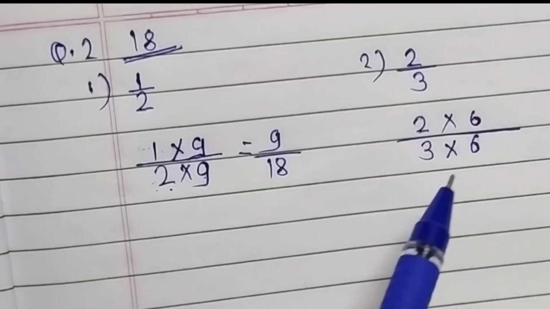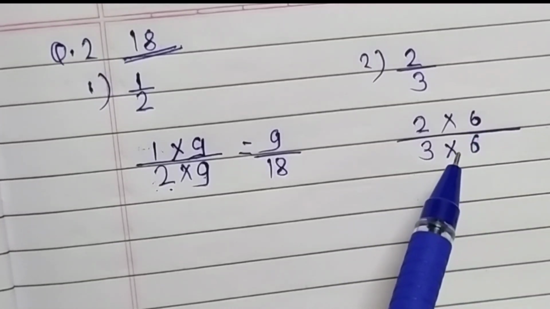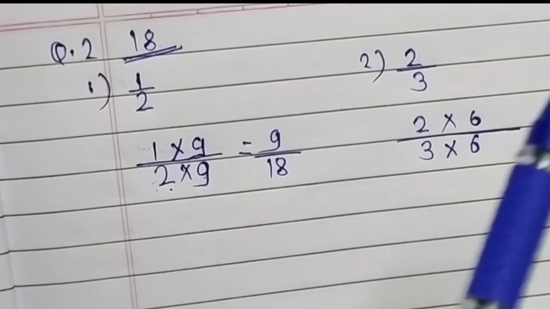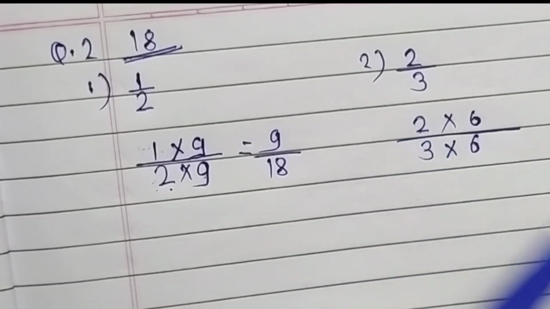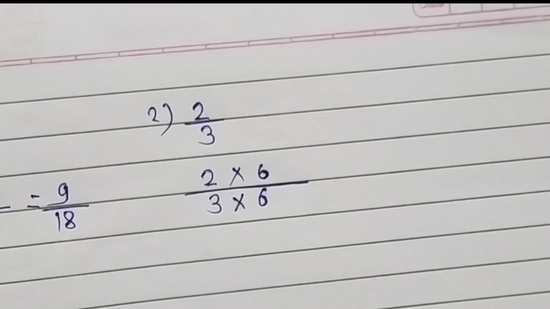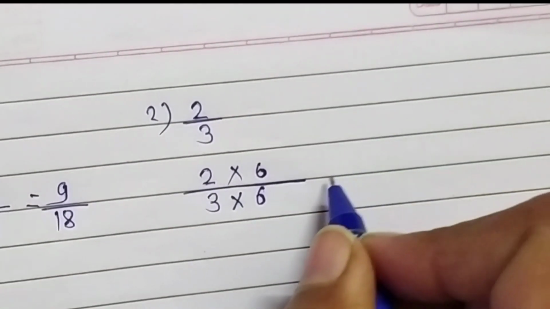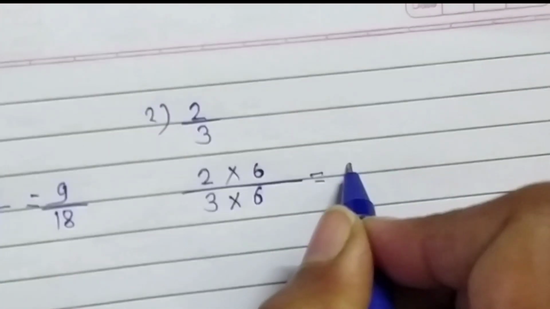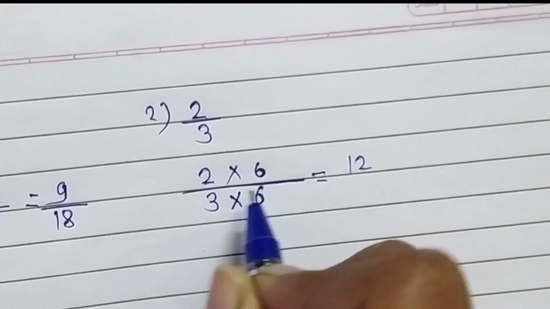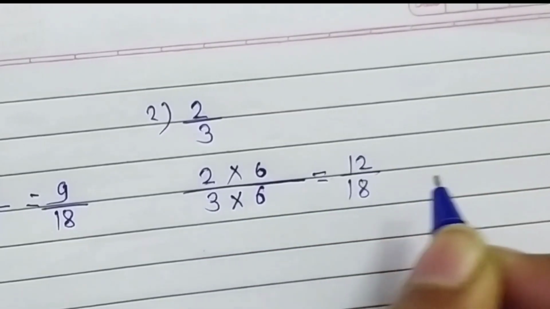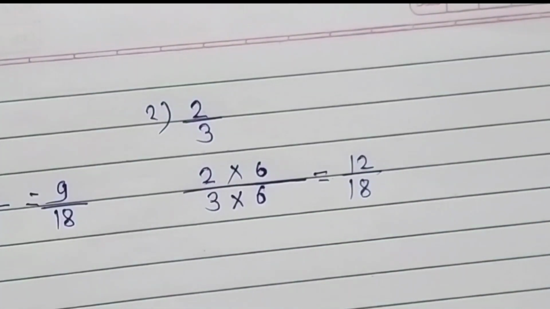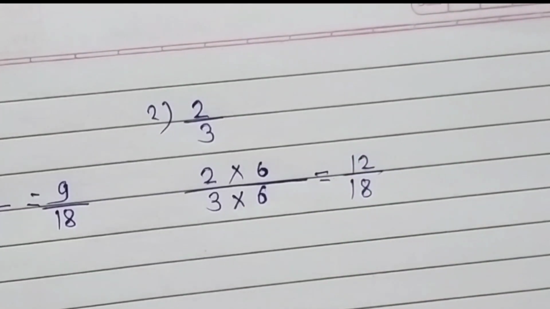So we have to multiply by the same number or divide by the same number for our numerator. 6 2s are 12 and 6 3s are 18. So our equivalent fraction for 2 upon 3 is 12 upon 18.